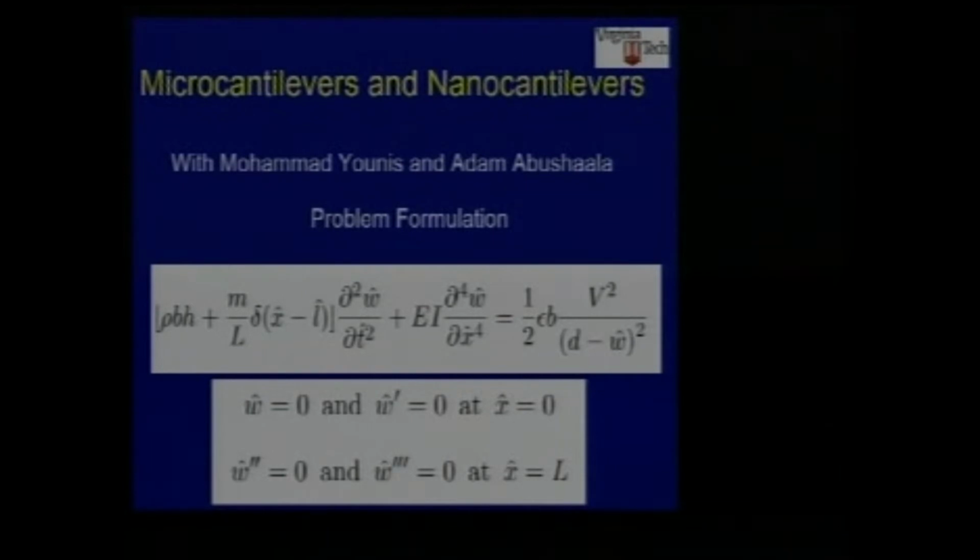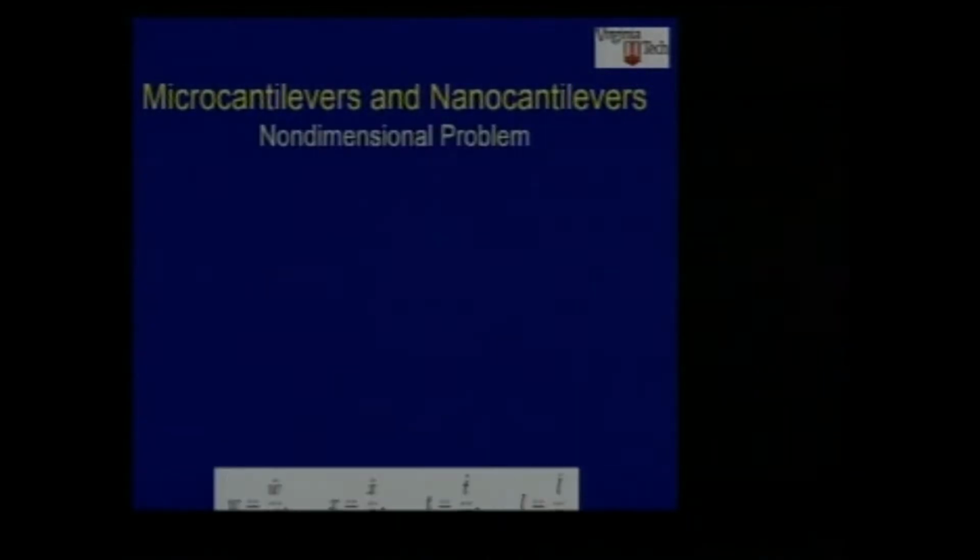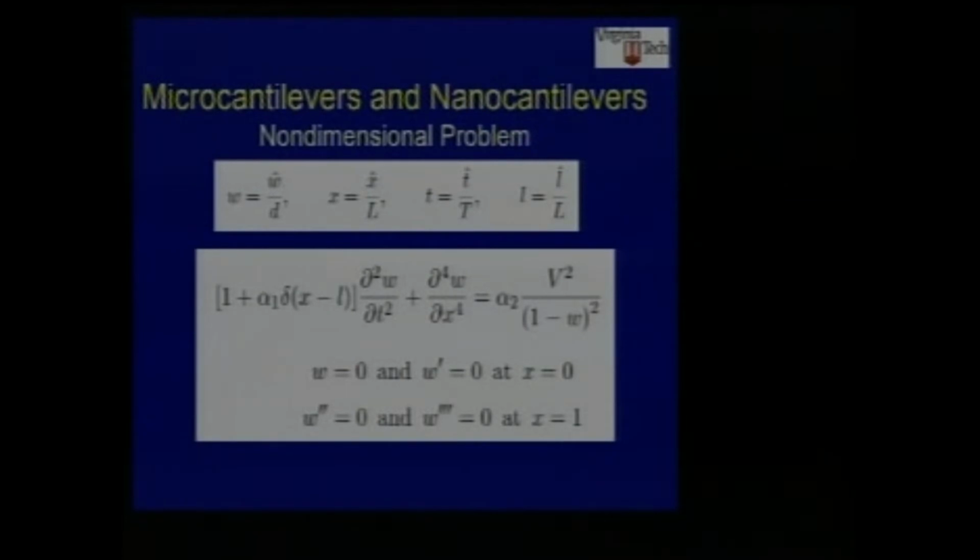Here is the mass which we are adding, which we want to determine its magnitude, over the length times the delta function, and we can put it at any location along the cantilever beam. By putting it non-dimensional, then the mass is alpha 1 here, and since the mass which we are looking for is small, it will be the perturbation there.